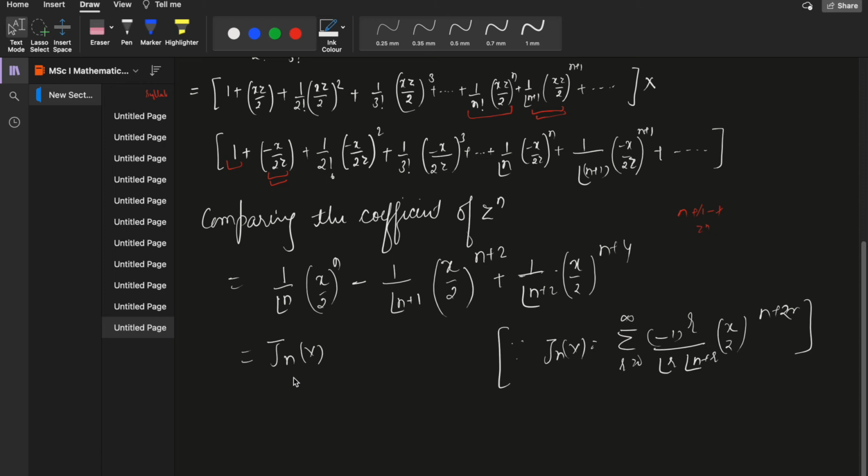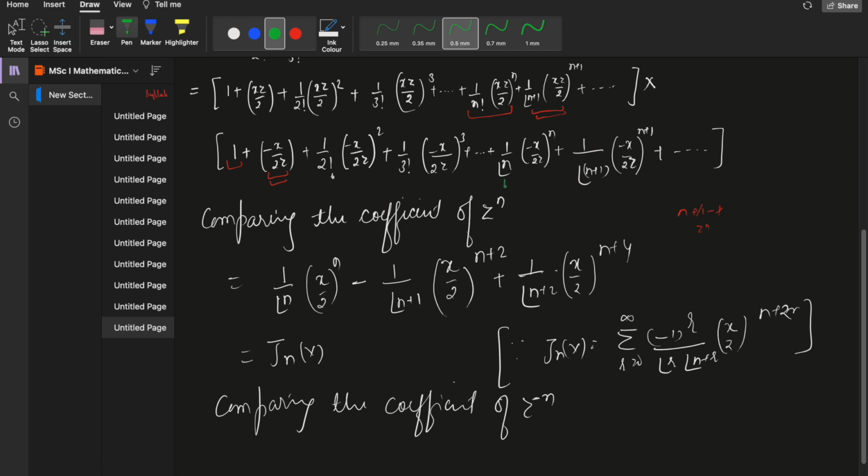Now, comparing the coefficient of z to the power minus n. So where can I find z to the power minus n?